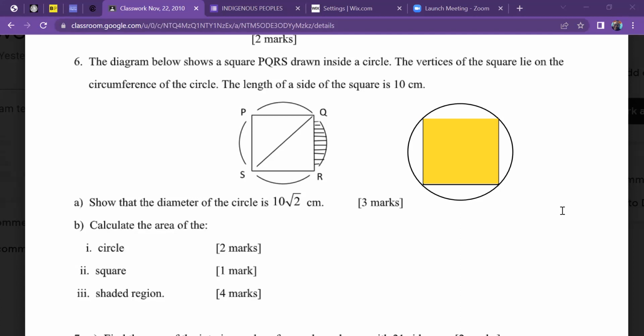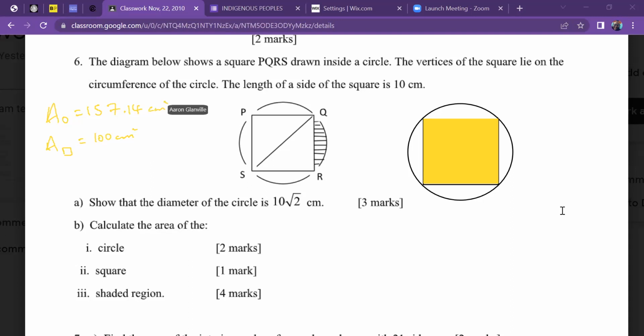So the area of the circle is 157.14, something like that. I'm not sure. And then we said the area of the square is equal to 100 centimeters squared.